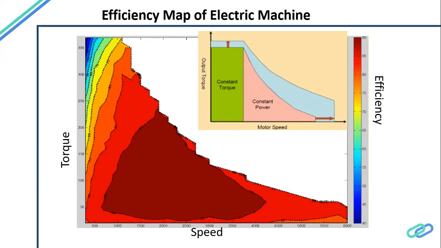The challenge is where to optimize this machine in this area. As I mentioned, whatever the driving cycle and whatever the requirements are, those are the elements that we have to consider. This is the ideal that I have shown, if you remember, and this is something that you may get when you test or simulate the machine.